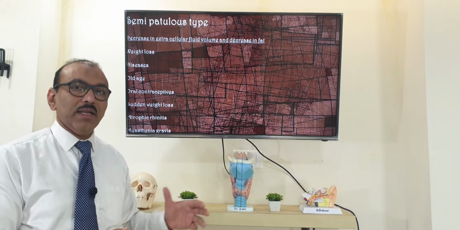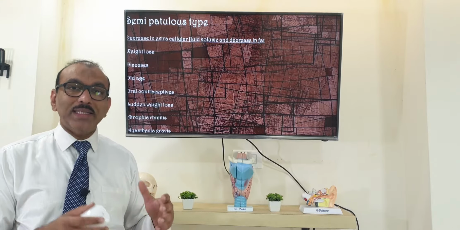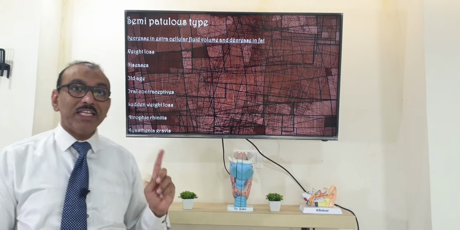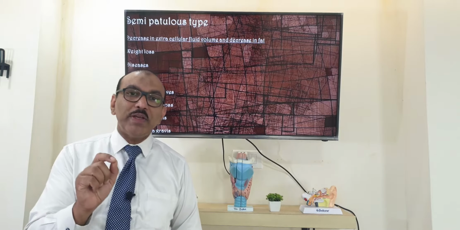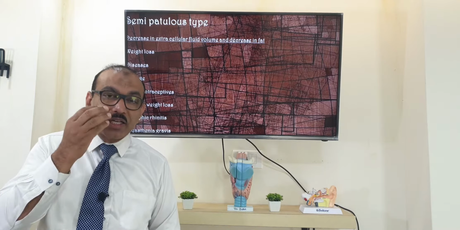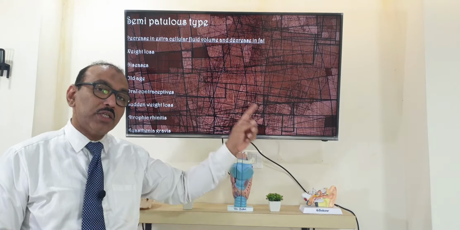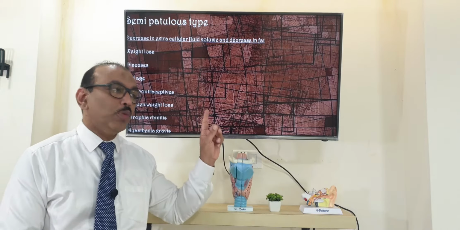Because of that, you have patulous eustachian tube. Other than that, you can have it in patients taking oral contraceptives, and in a condition called atrophic rhinitis, where all the normal structures of the nose become smaller. Even in that case, you have secondary changes in the eustachian tube.